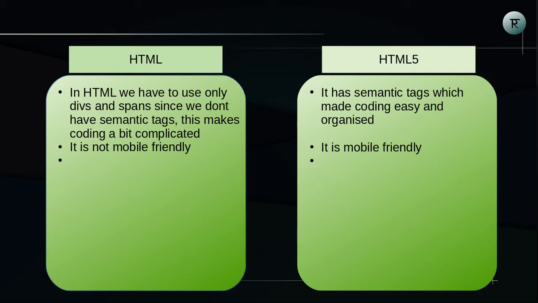So we had to drag it, use the scroll bar or zoom out if we had that feature in the mobile phone to see the entire page, which was very complicated and not at all user friendly. But in HTML5 we have the responsive feature. It is mobile friendly. We can change the size of the web page according to the devices and it is very user friendly. It is a nice way to work.